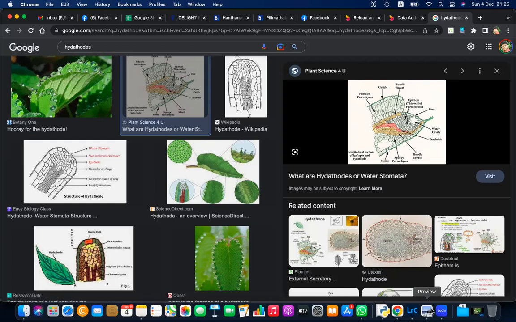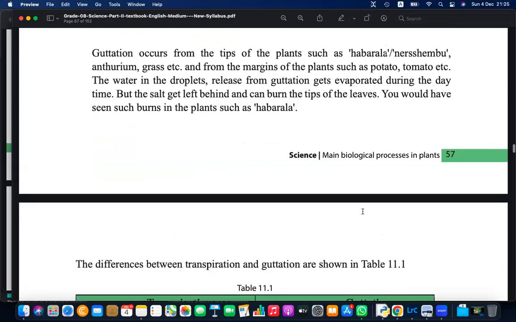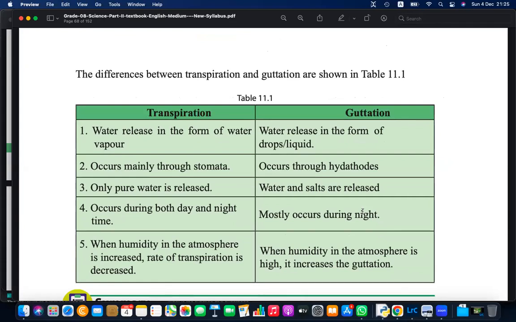These hydathodes help guttation. Both are actually moving water away, so they have similarities, but there are differences too. What are the differences? In transpiration, water is released in the form of vapor, a gas.